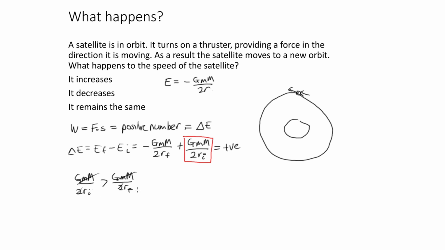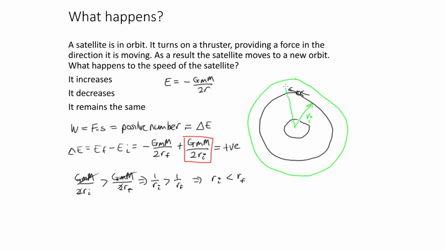This occurs on both sides, which tells us that 1 over RI is greater than 1 over RF, which in turn tells us that RI must be less than RF. So physically, this means that the final radius is greater than the initial radius. So it moves up to an orbit something like this. So here we've got RI, and here we've got RF.